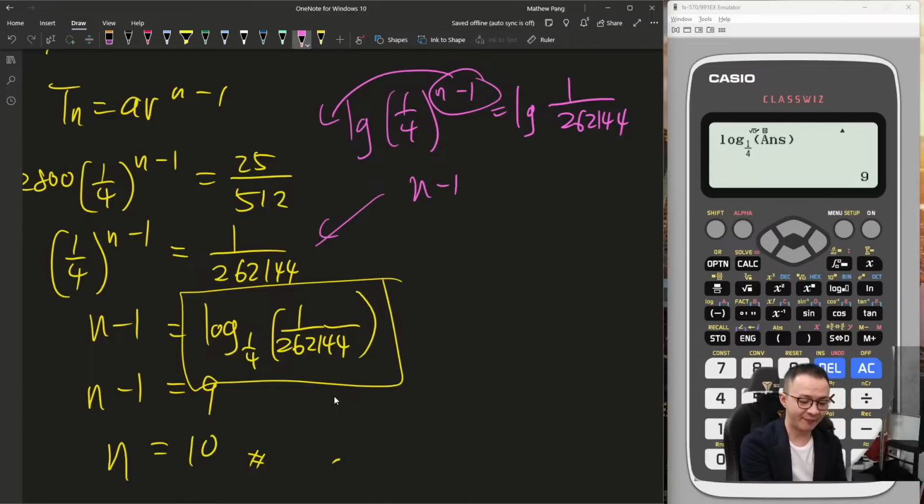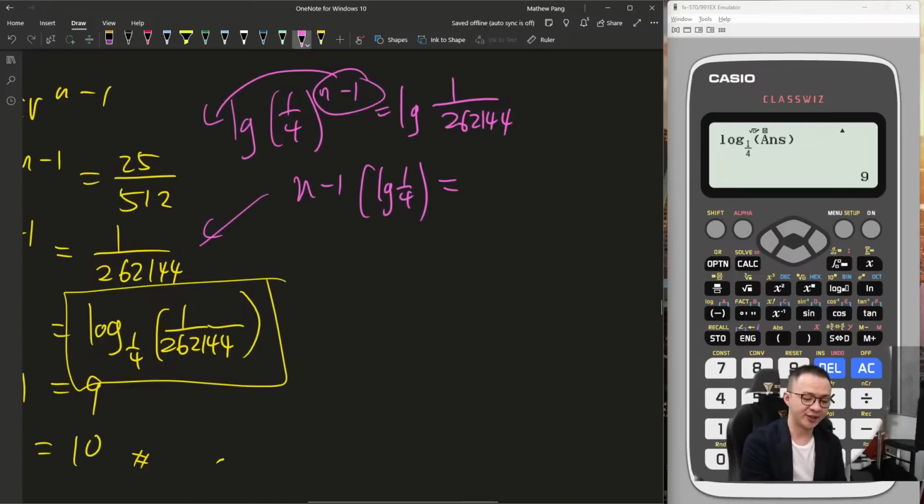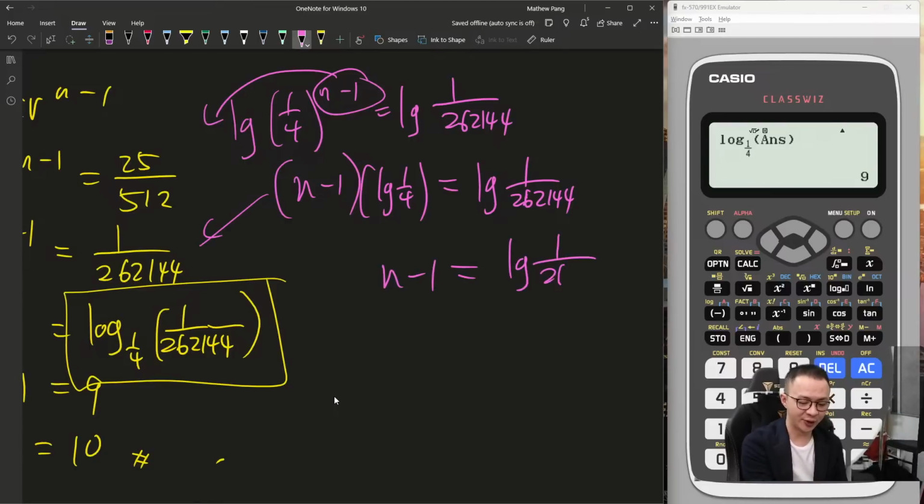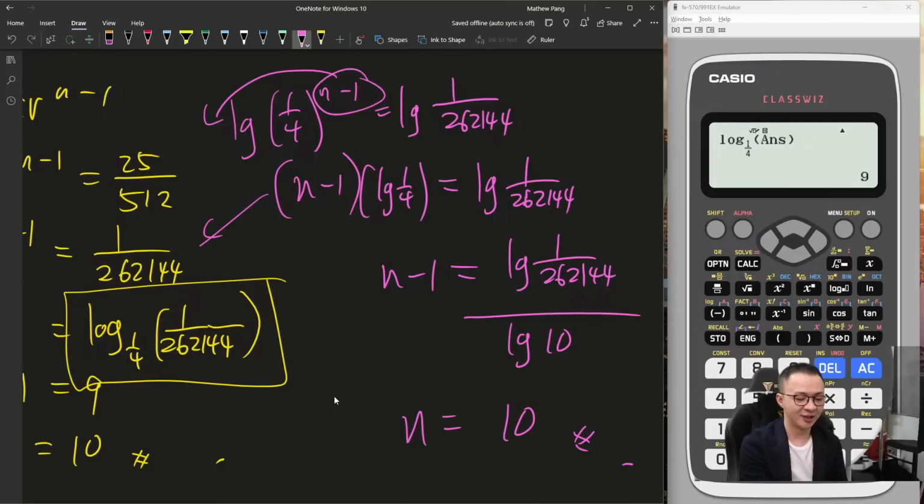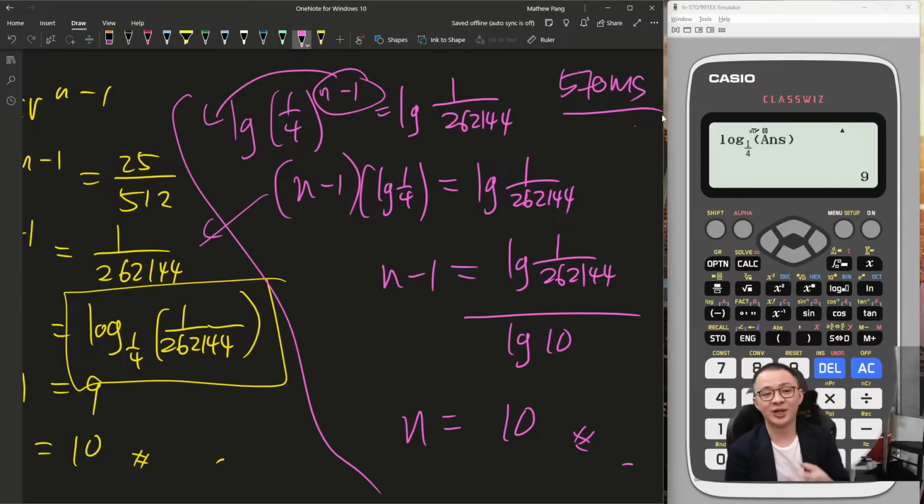Then you get n minus 1 multiplied by log 1 over 4 equals log 1 over 262144. Then n minus 1 equals log 1 over 262144 divided by log 1 over 4, and you will get n equals 10 eventually. If you are using the old model 570 MS, the black color one, you might need to do it step by step like this.